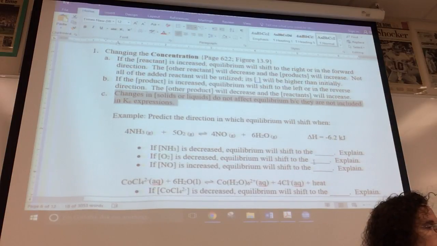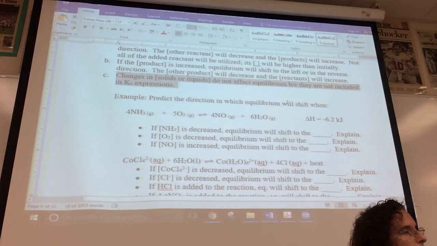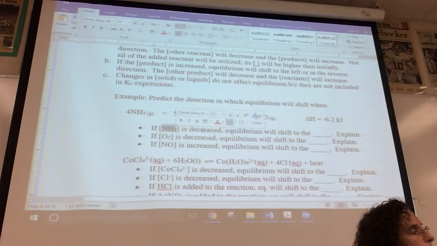Let's take a look. It says, predict the direction in which equilibrium will shift when we decrease ammonia. So when I do this problem, I like to put a downward arrow right here.